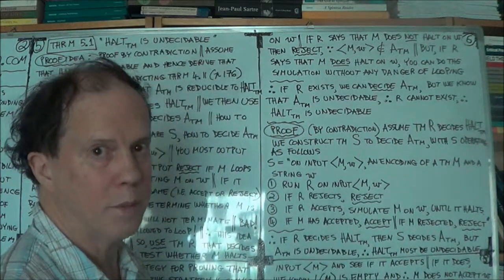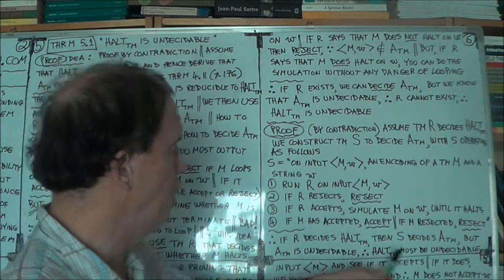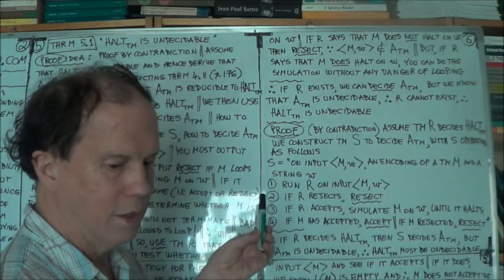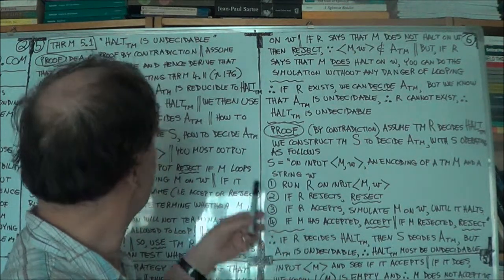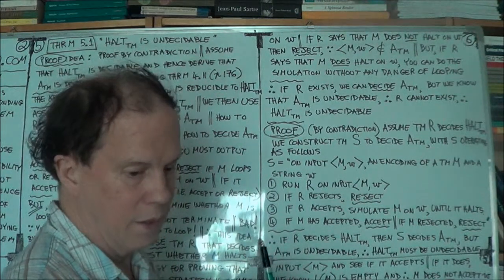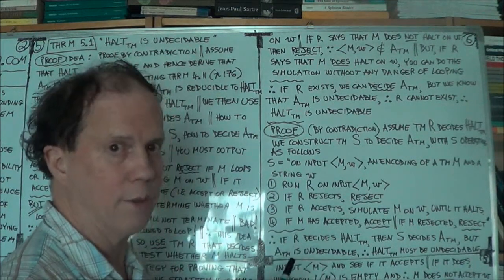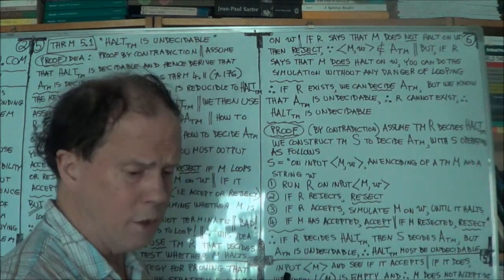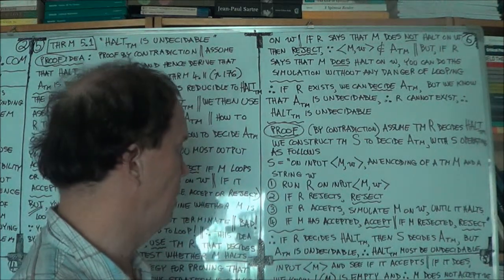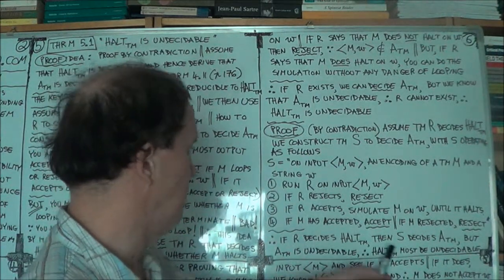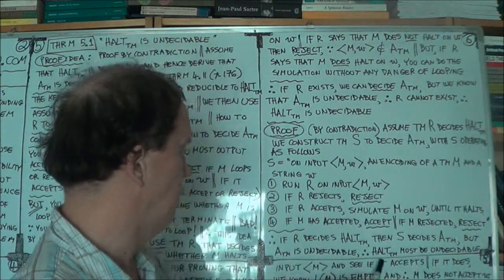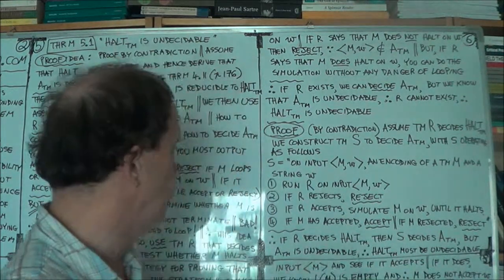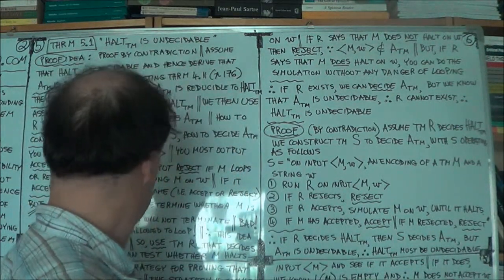I hope that should be fairly clear. But we know that this is undecidable. So we have a contradiction, so we negate what we assumed, which was that halt is decidable. Therefore halt is undecidable, and if it's undecidable, there is no Turing machine R that can decide it. This language halt must be undecidable. And there's the end of the proof.